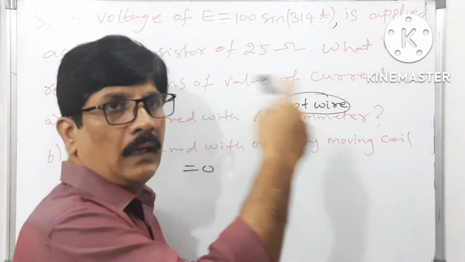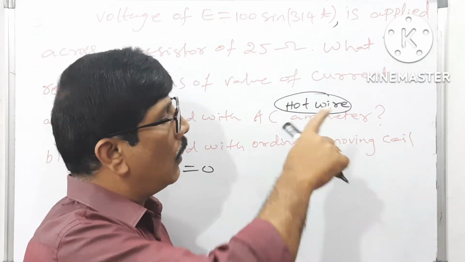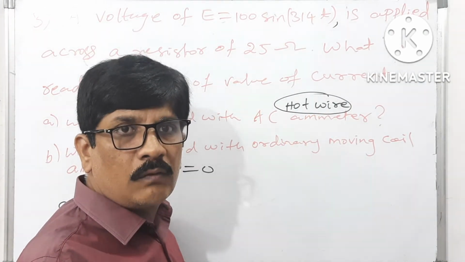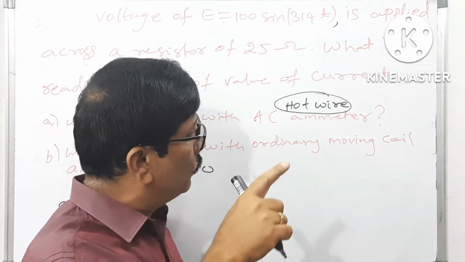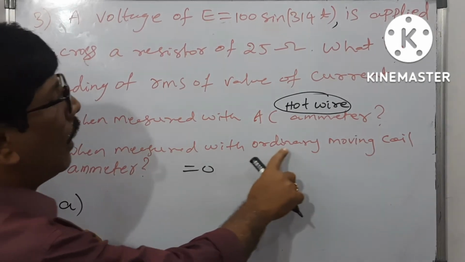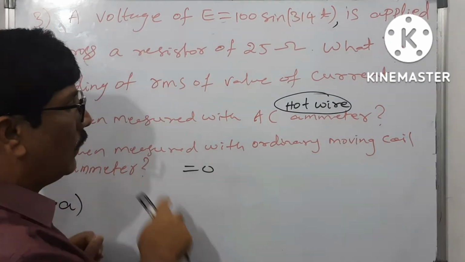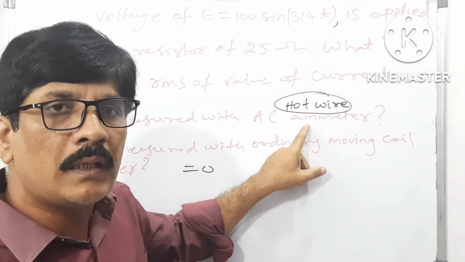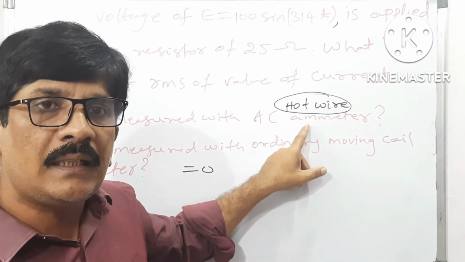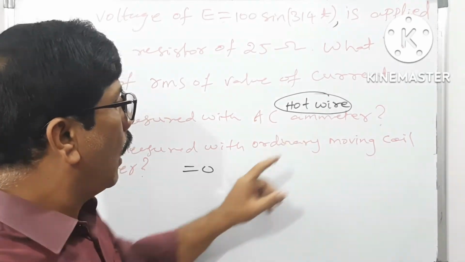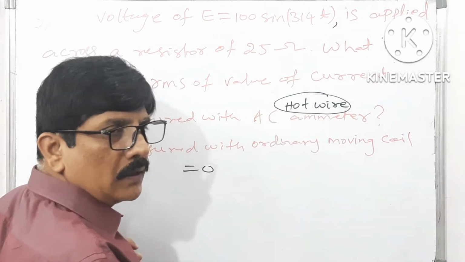In AC, the current direction keeps changing, but the amount of heat energy produced is independent of the direction. That's why, instead of the ordinary moving coil ammeter, we should use hot wire elements to measure AC current and AC voltage. These are called hot wire instruments.